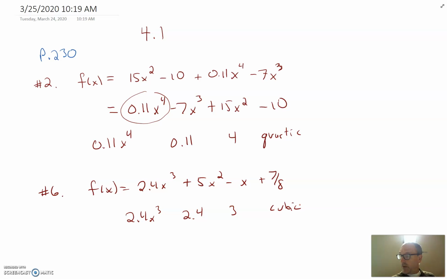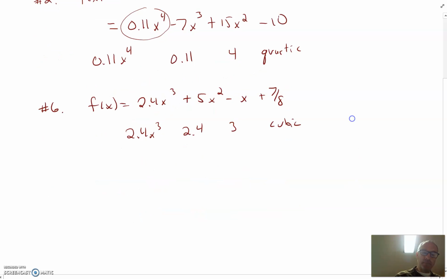Let's look at number 12. Let's select one of the 4 sketches that follow to describe the end behavior of the polynomial. So here's number 12. And we're going to talk about the end behavior. What does that mean?